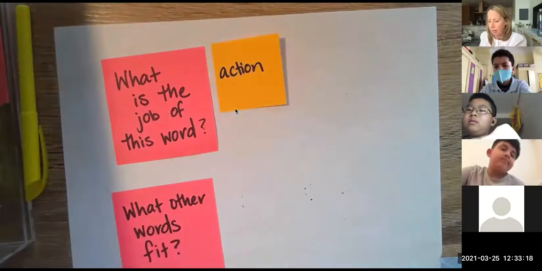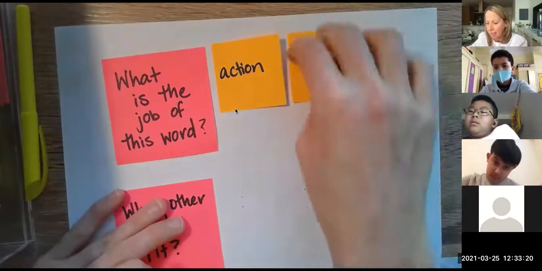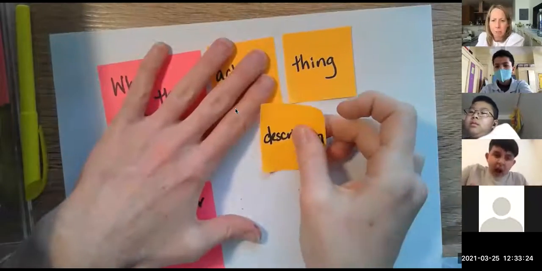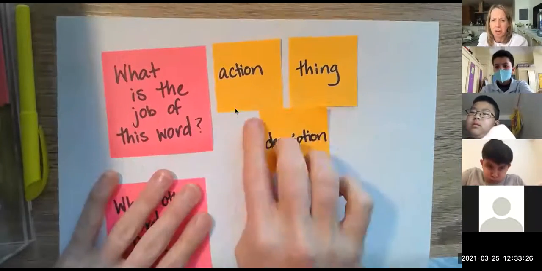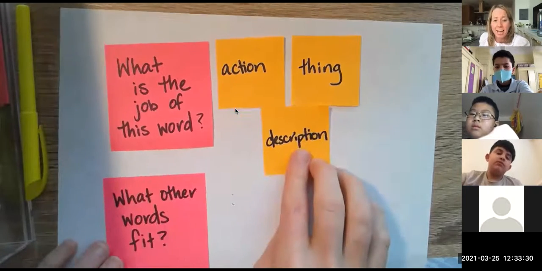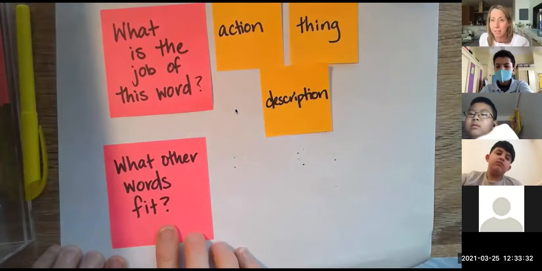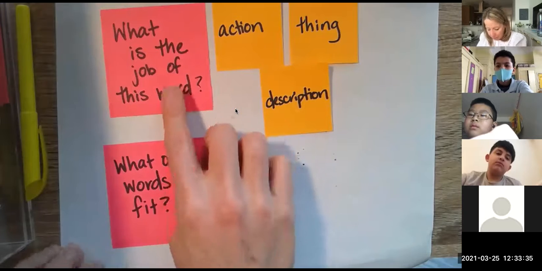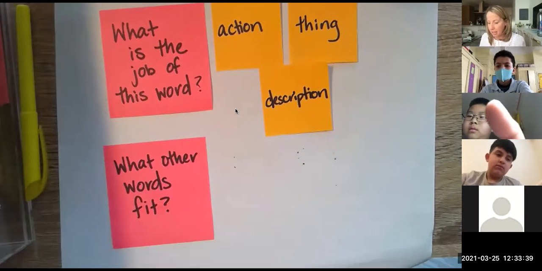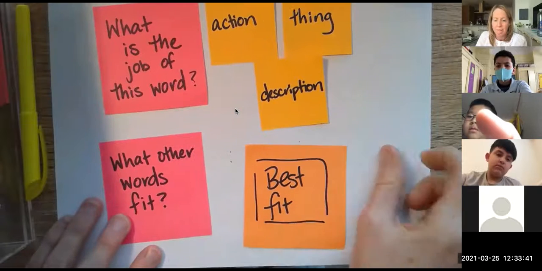Is this word used to name a thing? Is this word a description? And of course I can put the part of speech, but right now I'm just worried, is it a thing? Is it an action? Is it a description? And then I say, what other words would fit? So after I say what's the job and then what other words would fit, I start to plug in other possibilities and I end by saying, well, what best fits?